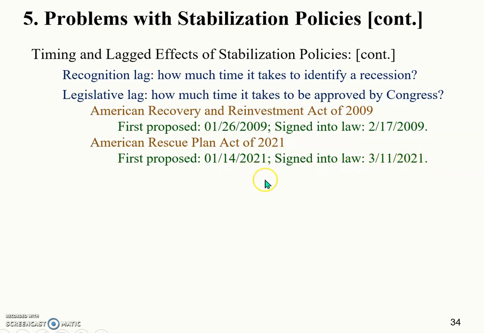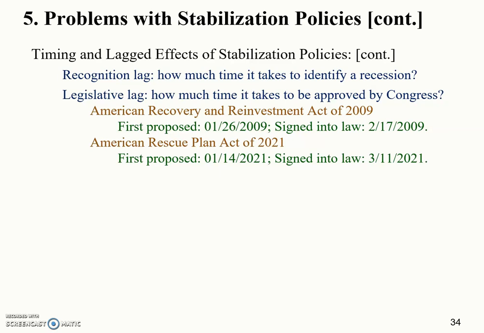In other words, this time it took a little longer for the Congress to pass this act, literally 2 months. Once again, even compared to some other acts the Congress passed, this is a fairly short period of time, right? However, when the economy steps into a recession, every day counts.